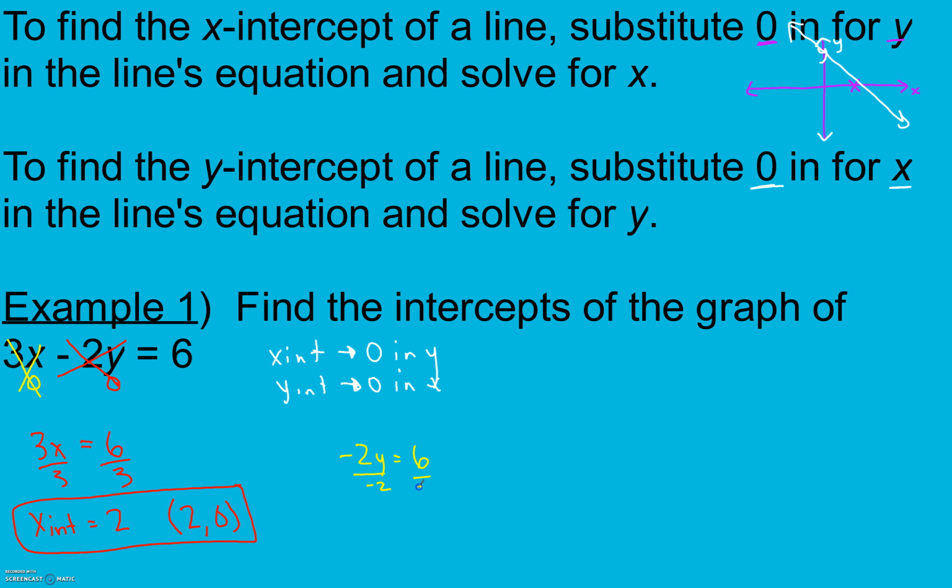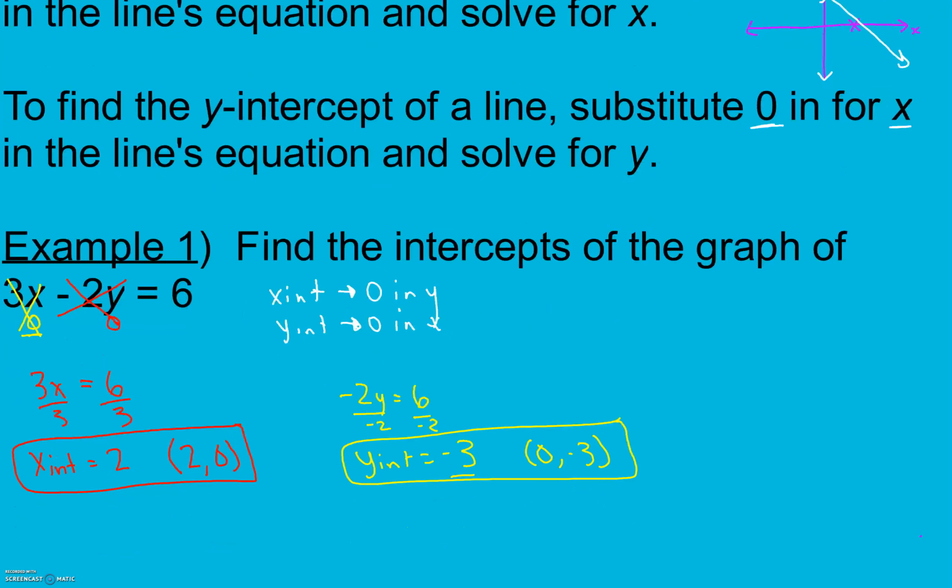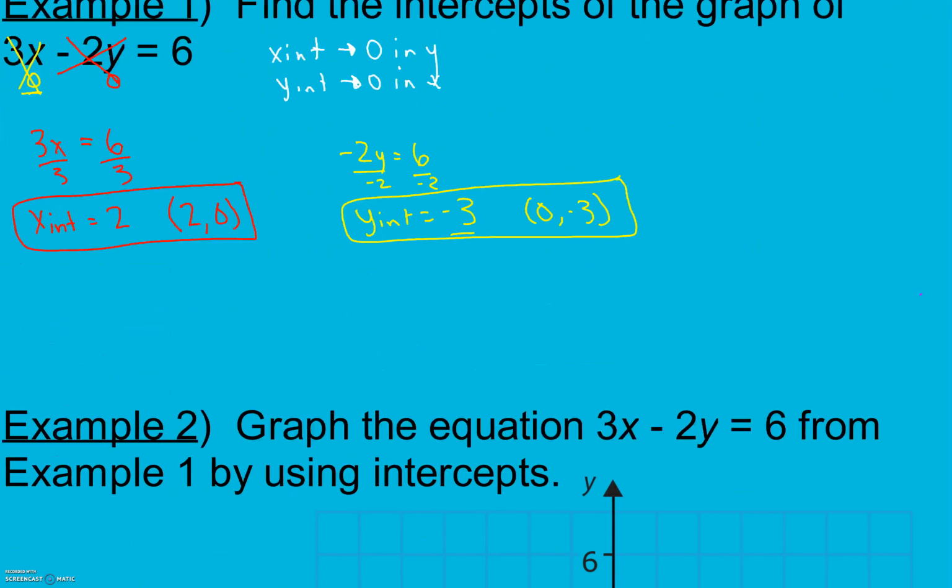Divide by negative 2. And my y-intercept is negative 3. Again, we said that x is 0 and y is negative 3. Okay, so to find our variable, we just get rid of the other one by making it 0.